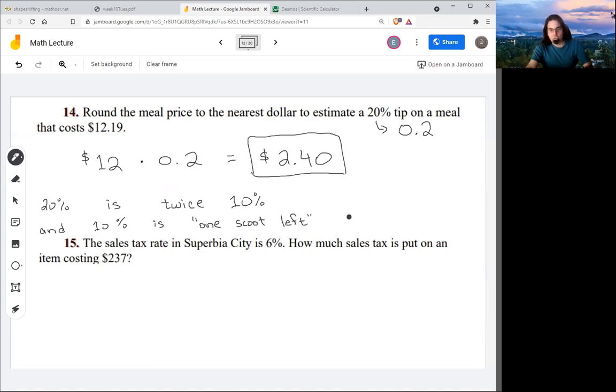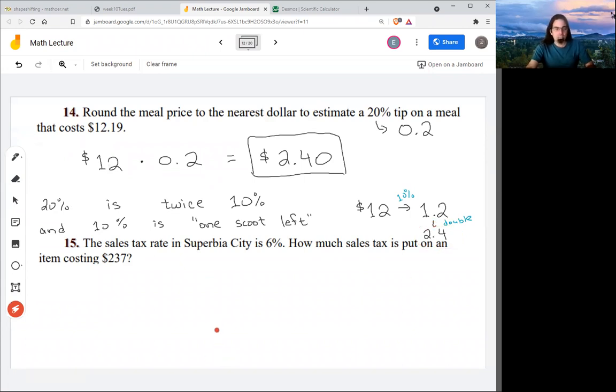So we could take the $12, change it into 1.2. That's the 10%. And then double it to go from 10% to 20%. So you could get the $2.40 in your head that way.